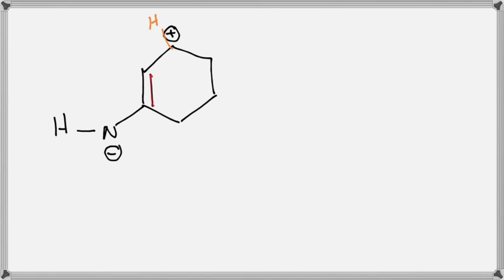If I wasn't convinced, I could say carbon has 4 valence electrons minus the number of bonds. There's 3. We have that implied hydrogen. Then minus the number of non-bonding electrons. That must equal positive 1.